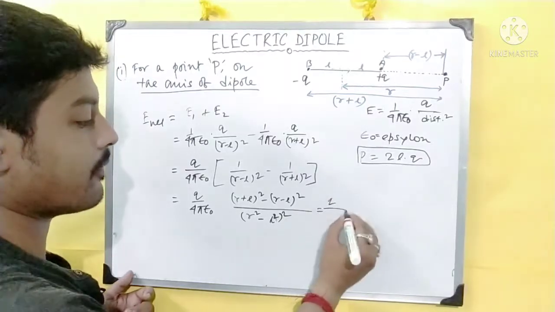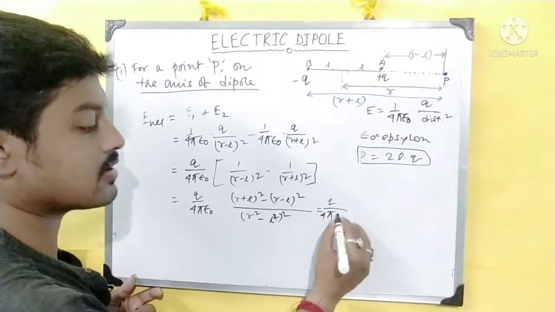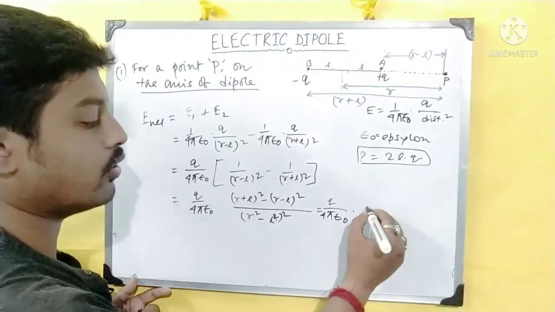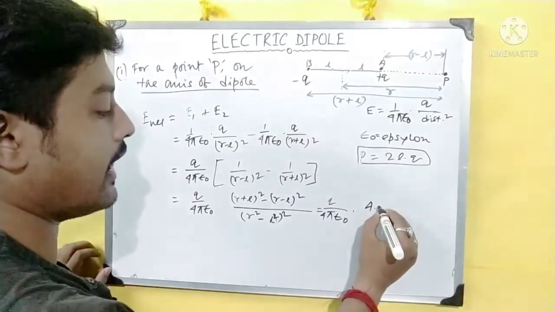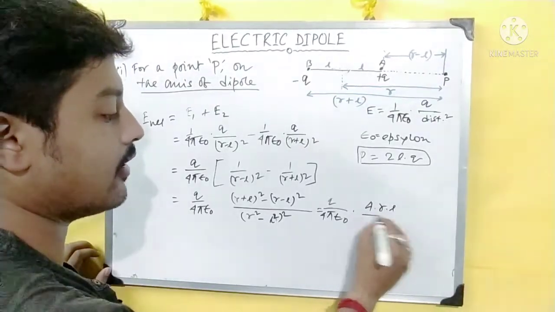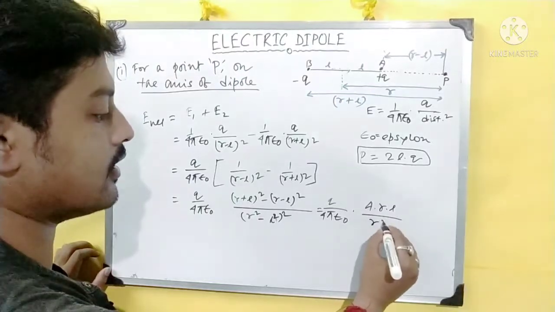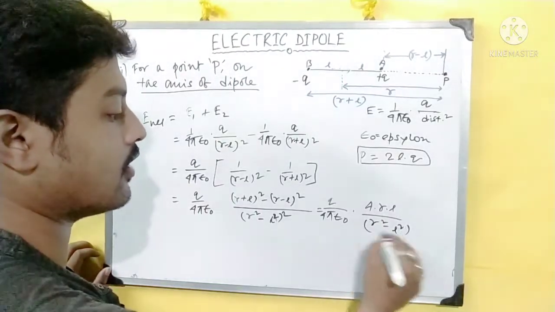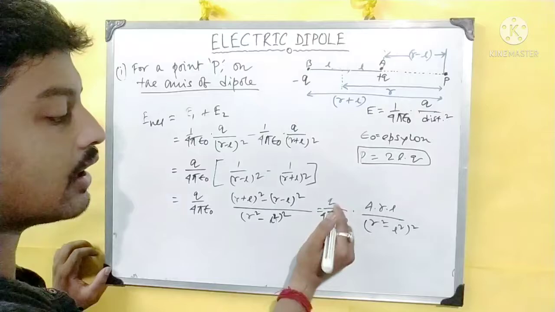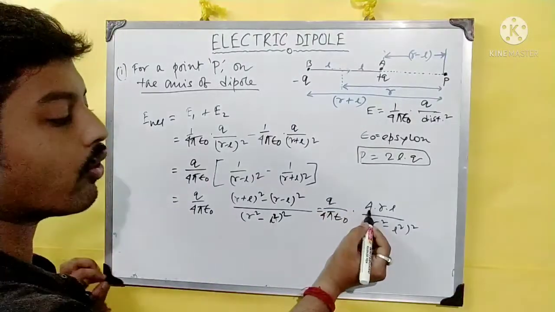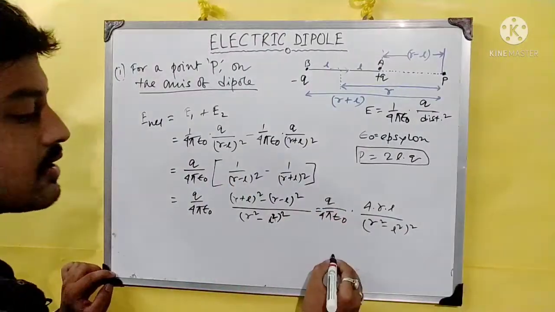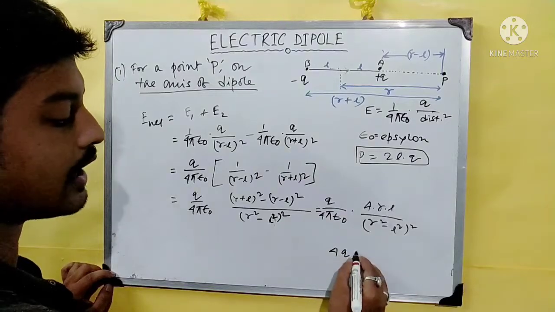So q by 4 pi epsilon 0 into 4 into a is r, b is L, and here it is r square minus L square whole square. So now the upper portion is 4 qLr.